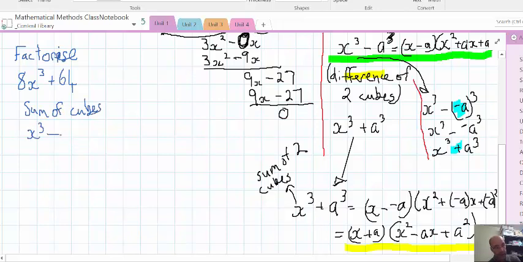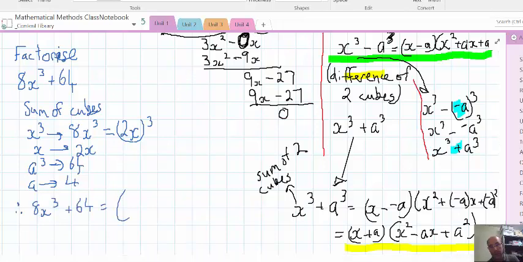And what would x and a be? x cubed would be corresponding with 8x cubed, so x in the pattern corresponds with 2x, because that is 2x all cubed. Remember your index laws. And a cubed is corresponding with 64, so a would correspond with 4.